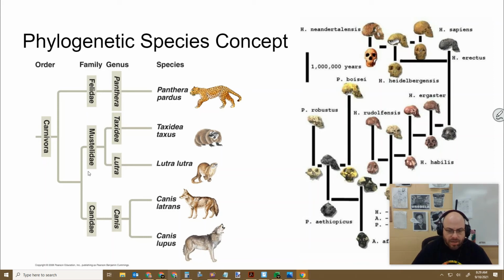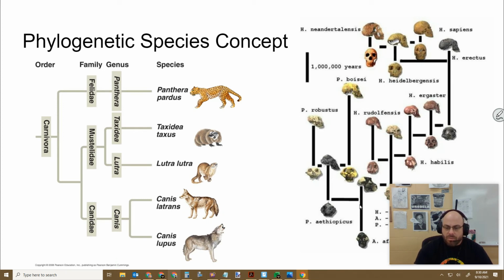You can see small changes in isolated populations as well. This is a picture of human populations here. Way back here is a common ancestor between Neanderthal and Homo sapiens, which are the nearest populations of the genus Homo that we think of. And we hear about Neanderthal all the time.